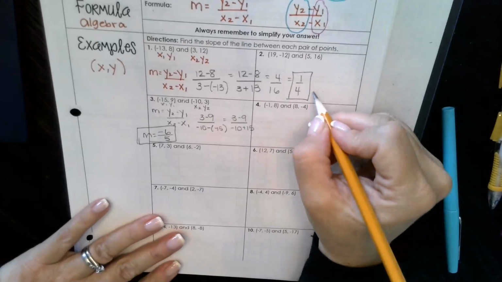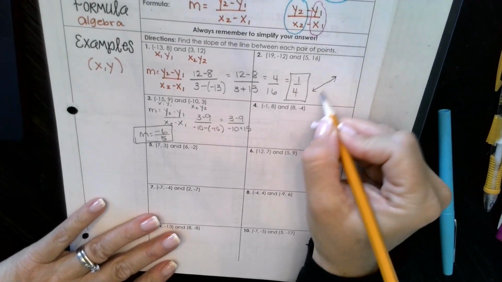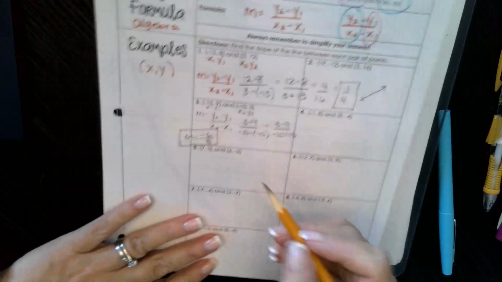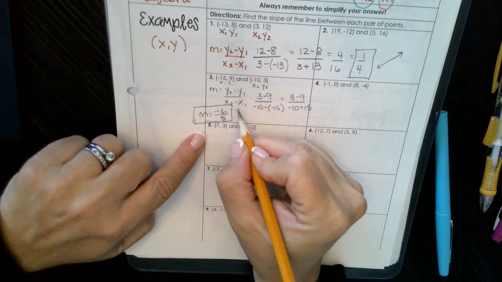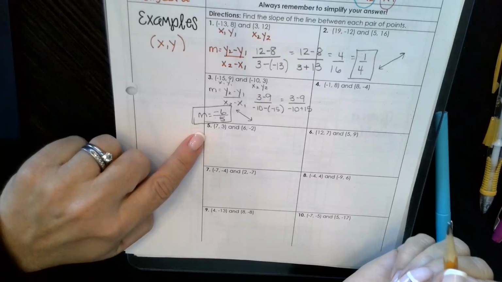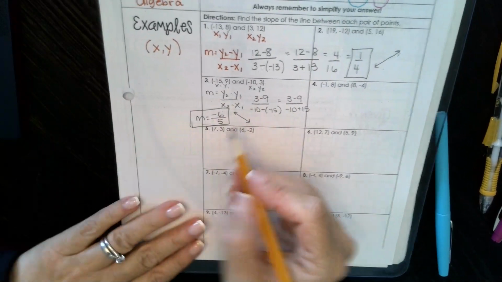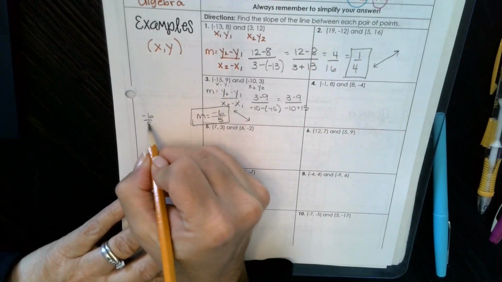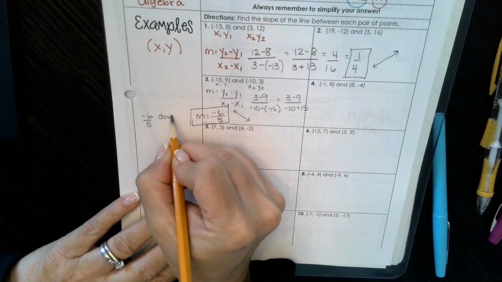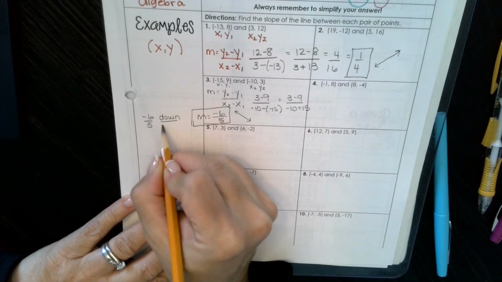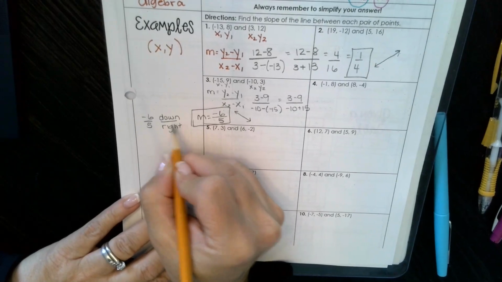Now, let's go back to this a minute. If this is a positive number, then that means my slope for this line is going to go up. This is a negative number, so that means the slope for this line is going to go down. So if it's negative 6 over 5, this means I'm going to go down 6 and right 5.